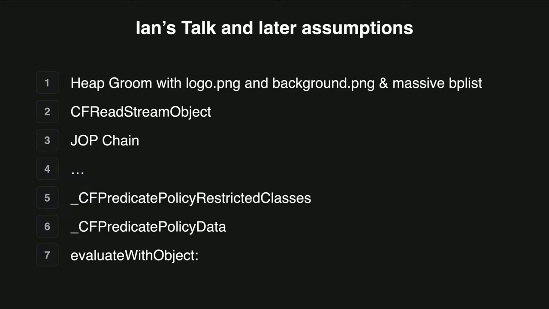At the very end of the JOP chain, you're going to see a couple of strings: CFPredicatePolicy, restrictedClasses, CFPredicatePolicyData, and evaluateWithObjects. Those strings tell us already how they were able to bypass the restricted classes mitigation that Apple introduced. They were just flipping the switch in memory, and then they could execute that again. So once again, a single memory corruption vulnerability still gives you a lot, even if there's mitigations.